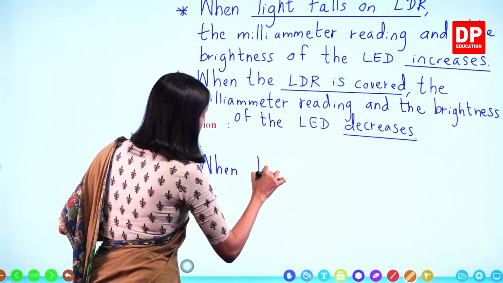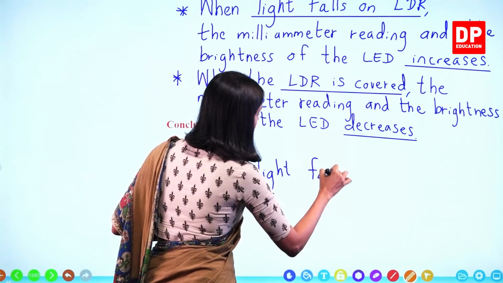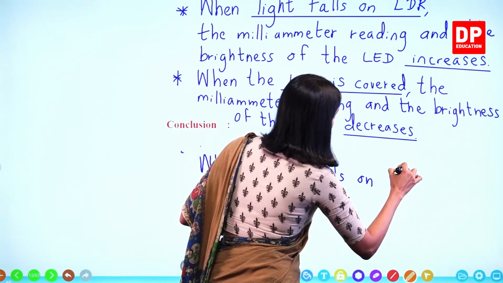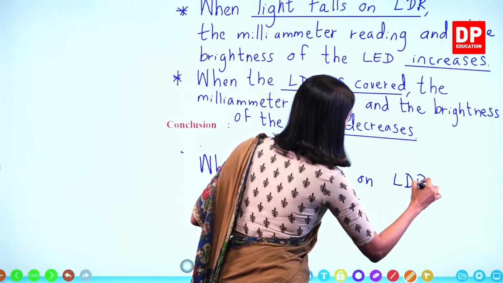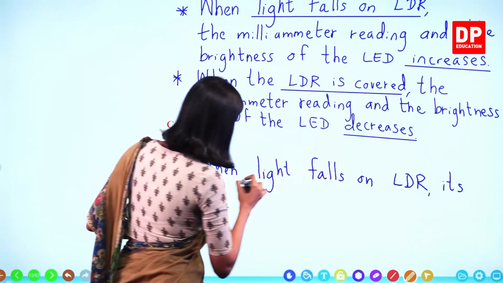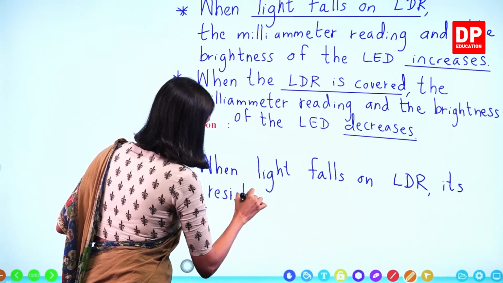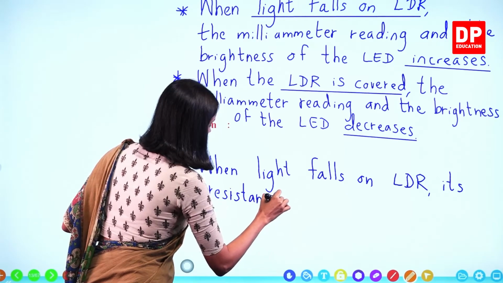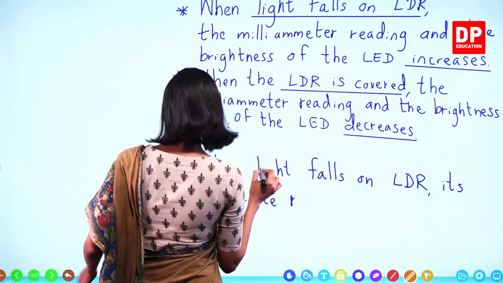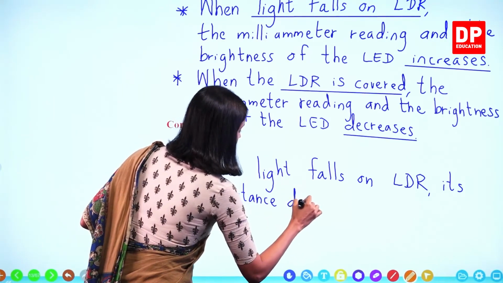When light falls on LDR, its resistance reduces, right? Decreases.